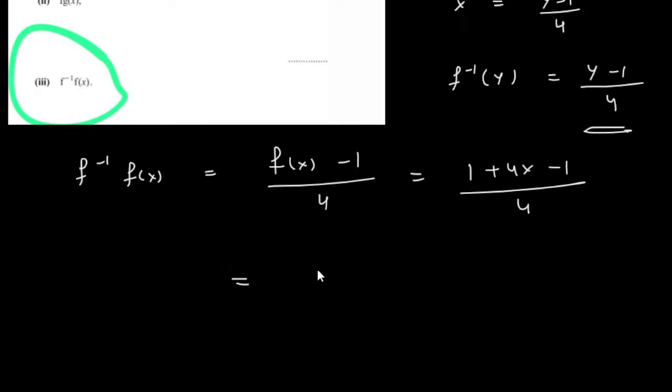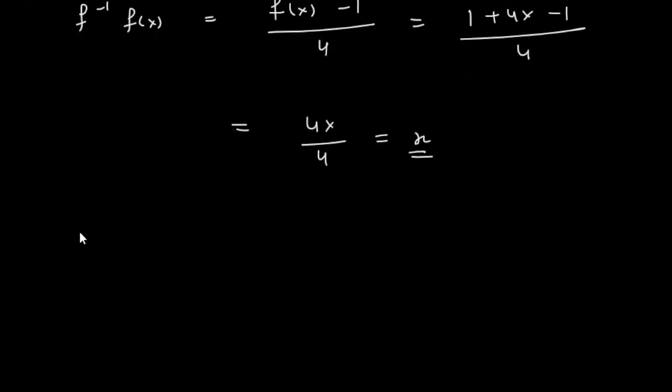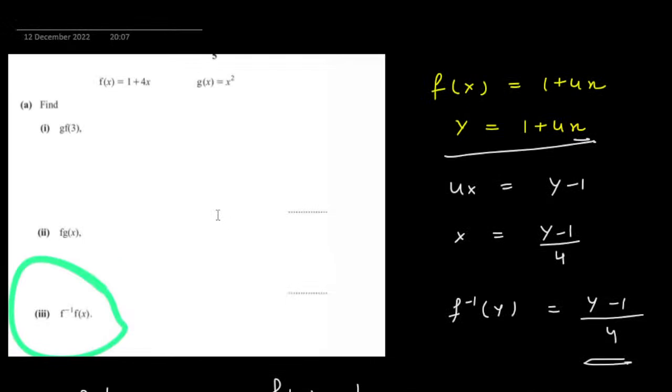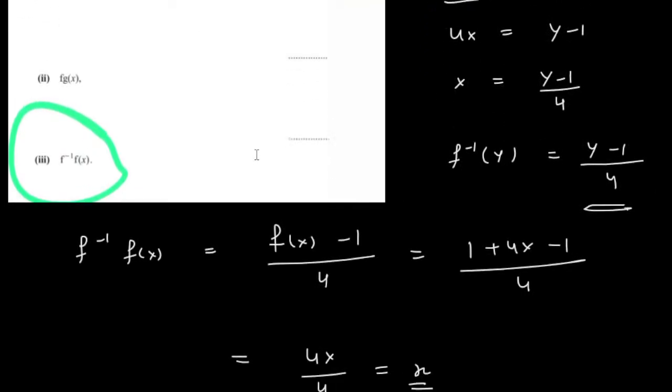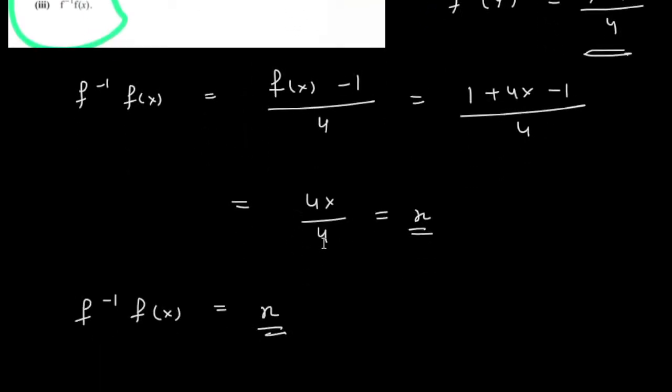The 1s cancel and it is 4x upon 4, which is x only. So f inverse of f(x) is equal to x. Always f inverse of f(x) is x, but if you want to show how it is coming, then this is the way.